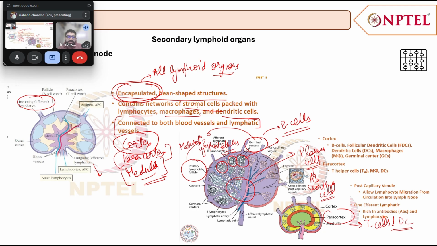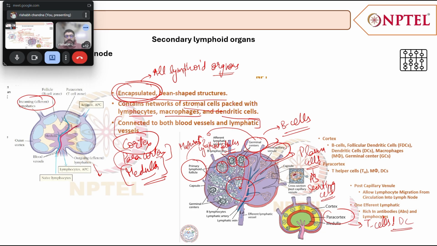First is the post capillary venule that allows the migration or circulation into the lymph node. From the secondary lymphoid follicle, if the cells transfer to the medulla, how can they transfer? They transfer through this post capillary venule, which helps in moving the immune cells across the lymph node.